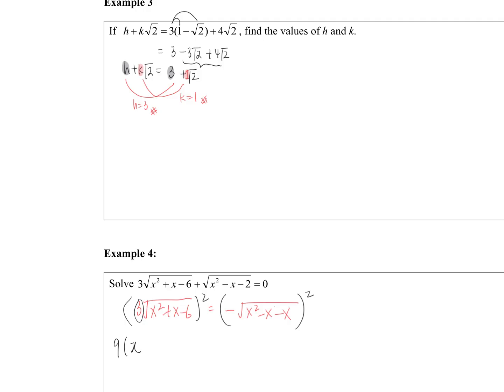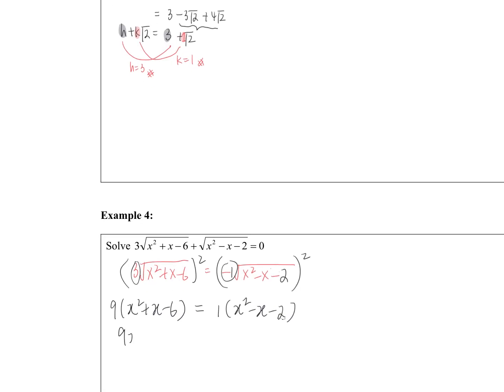The square root disappears. The minus 1 you got to square it, and then the square root disappears. Okay, 2. So simplify everything.